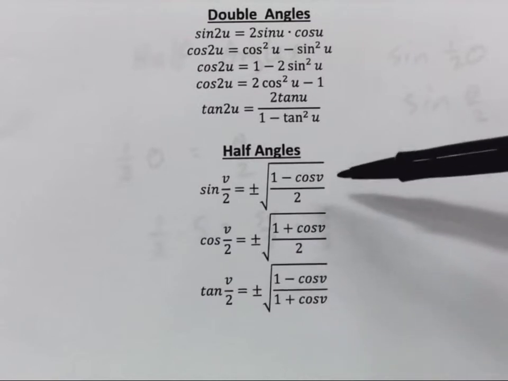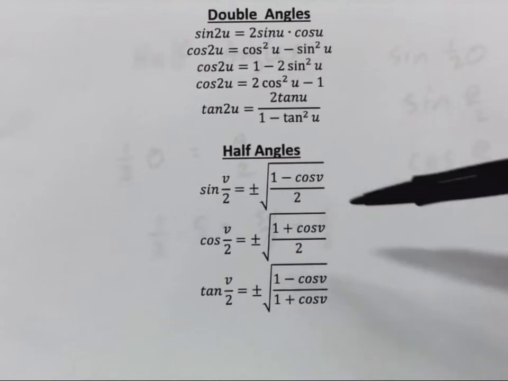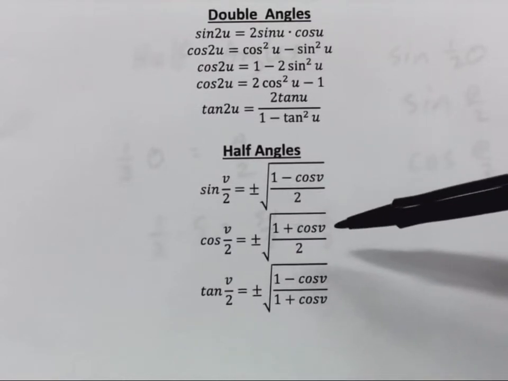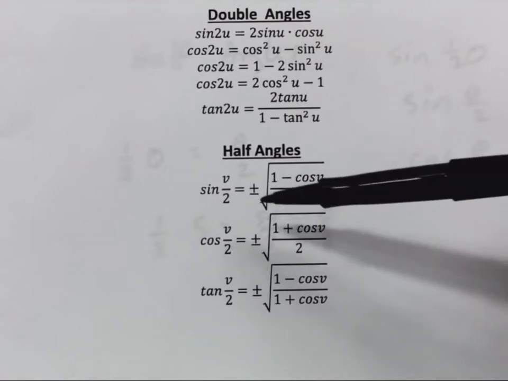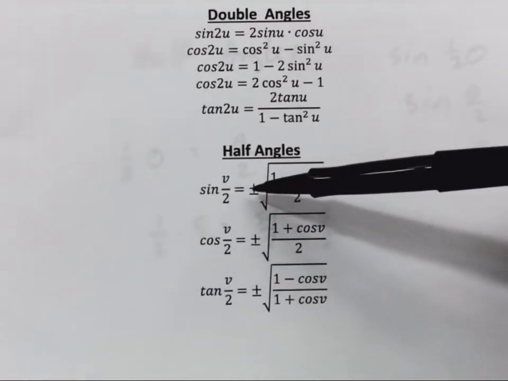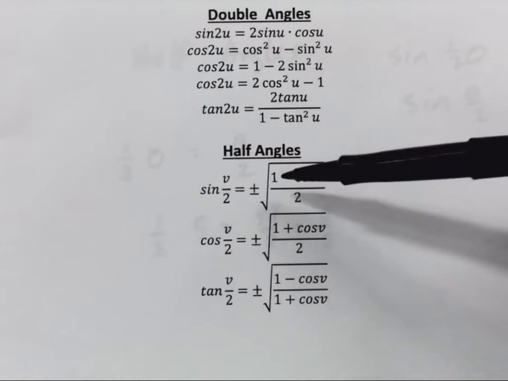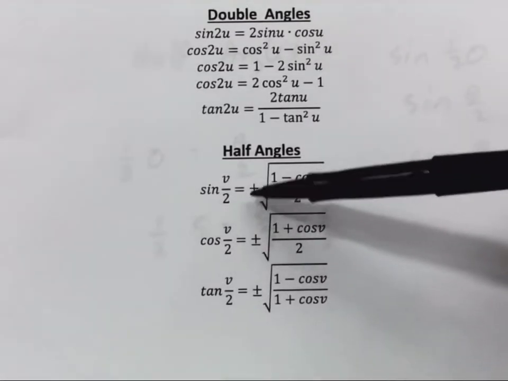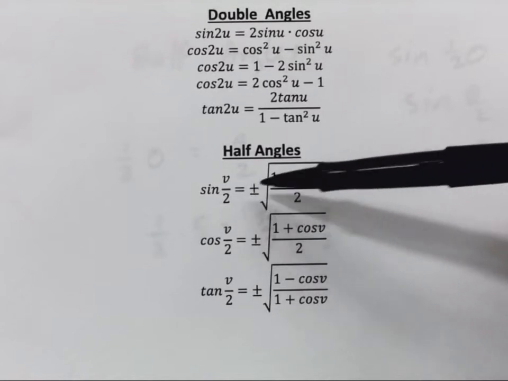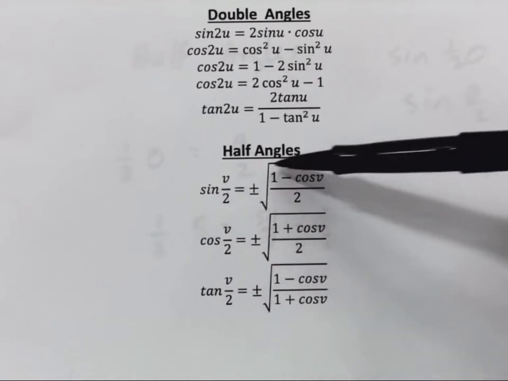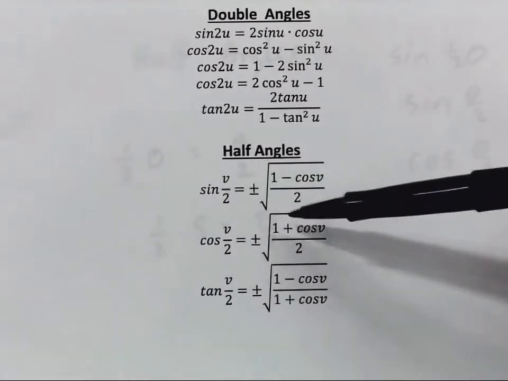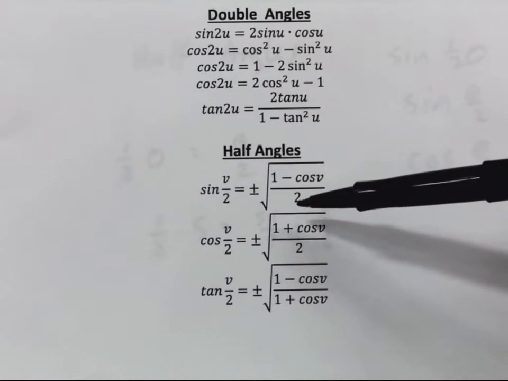So once you know the cosine, you basically can figure out all the half angle formulas. But the thing I want you to really look at is what's in front of the square roots, plus or minus. So that's going to become important because this is a formula, and there's really two possibilities.